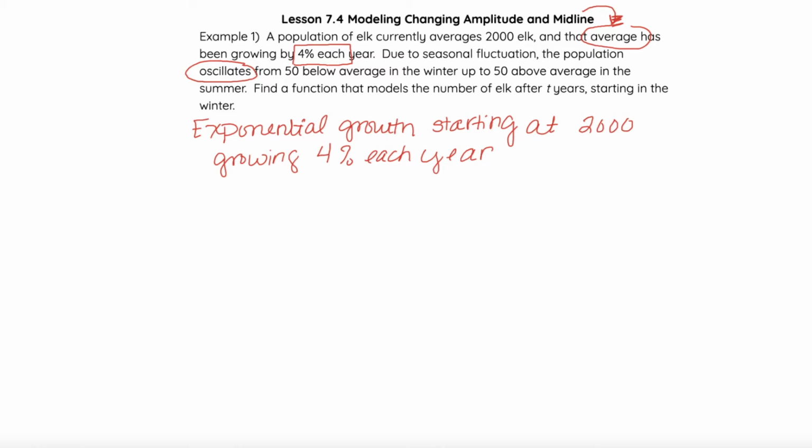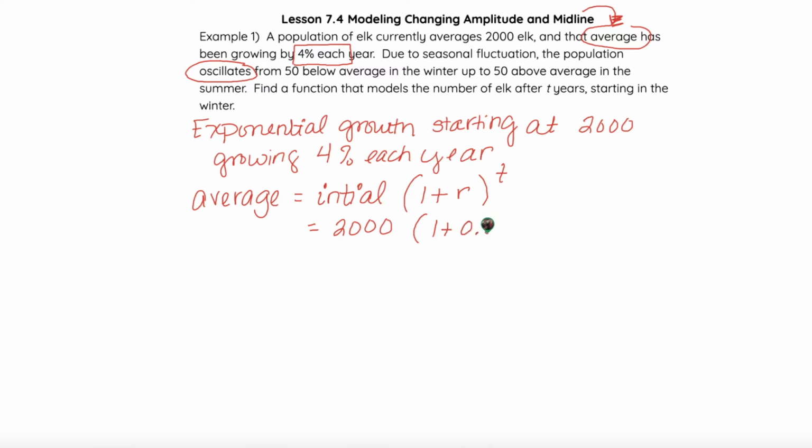Well, thinking about what exponential growth looks like, our average will be equal to the initial amount that we have, and our initial population we know is 2,000, times 1 plus the rate to the power of time. So in this particular instance, we have 2,000 is our initial population, times 1 plus our rate of 4% to the power of time. We don't know how long, it just says after t particular years.